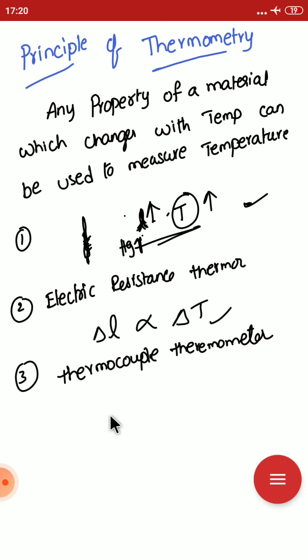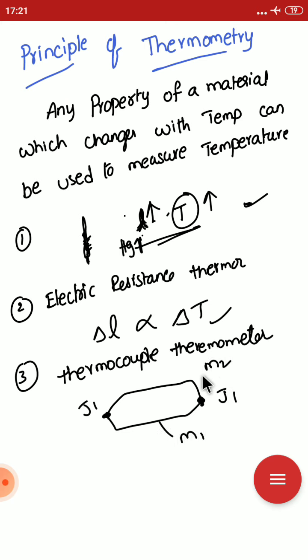Two junctions, junction 1 and junction 2, are joined with material 1 and material 2, and it will generate a voltage when these two junctions experience different temperatures.